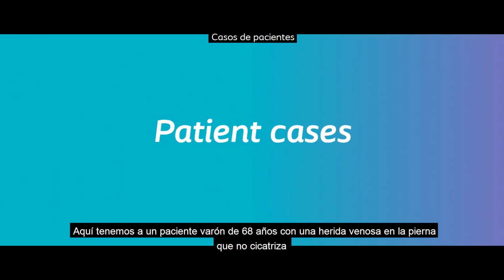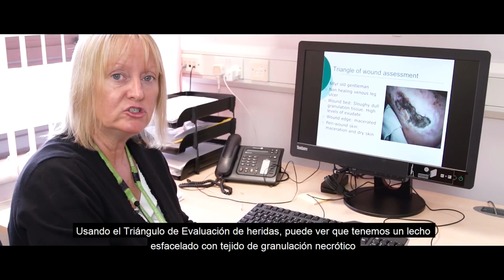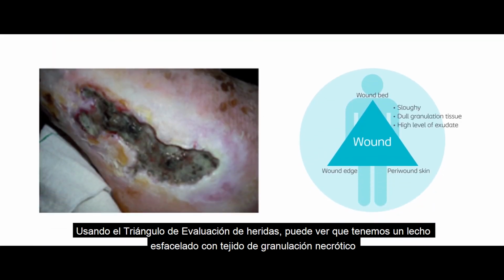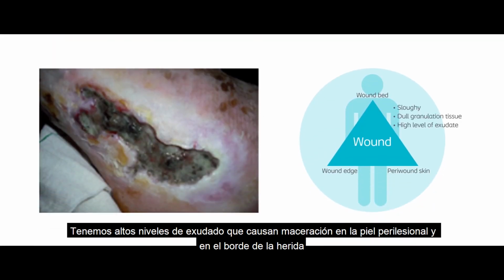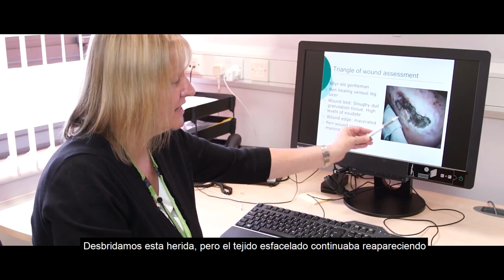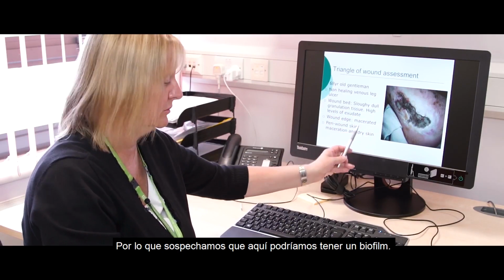Here we have a 68-year-old gentleman with a non-healing venous leg ulcer. Using the Triangle of Wound Assessment, you can see that we've got a sloughy wound bed with dull granulation tissue, and we have high levels of exudate causing maceration to the peri-wound skin and the wound edges. We debrided this wound, but the slough keeps returning, so we suspect we've got a biofilm here.